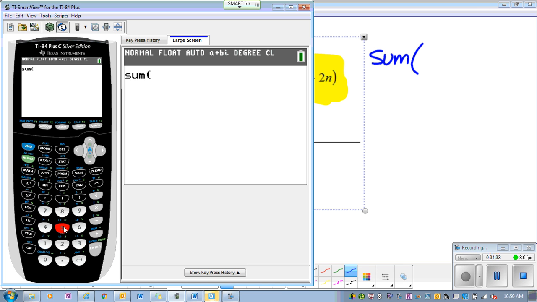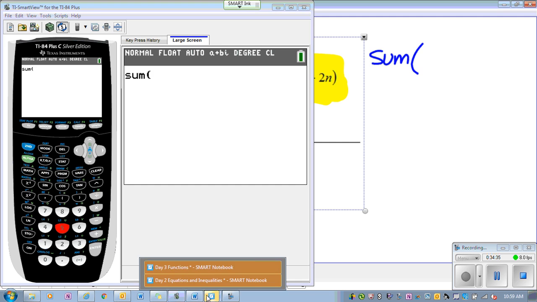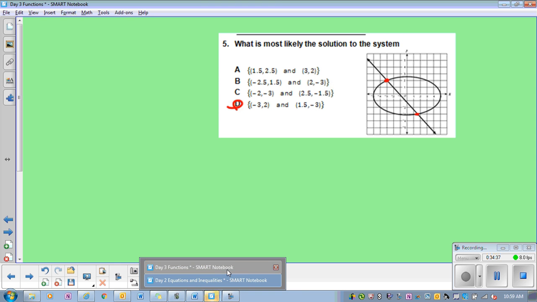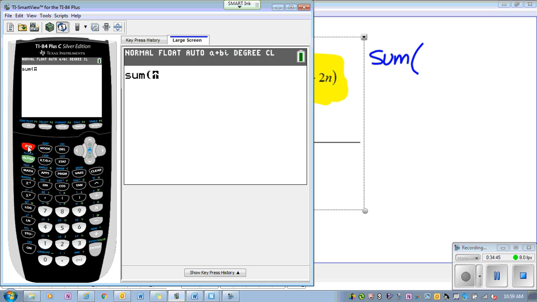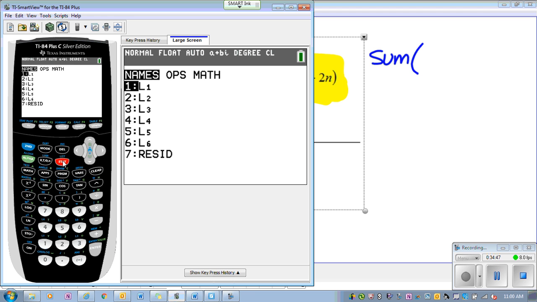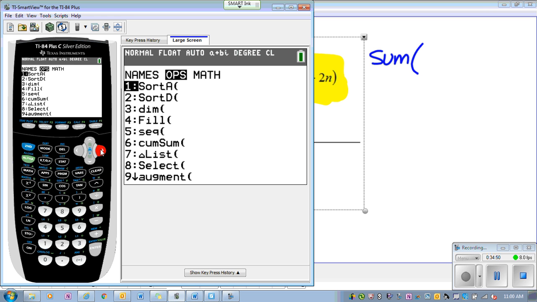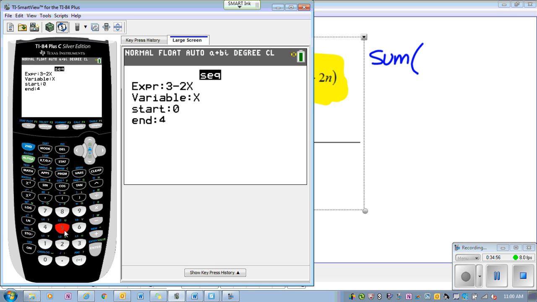And then next you're going to put in this sequence here. So we're going to go back to second stat. You're going to tab over to ops. You see sequence? Fifth one? All right, so now you have sequence.